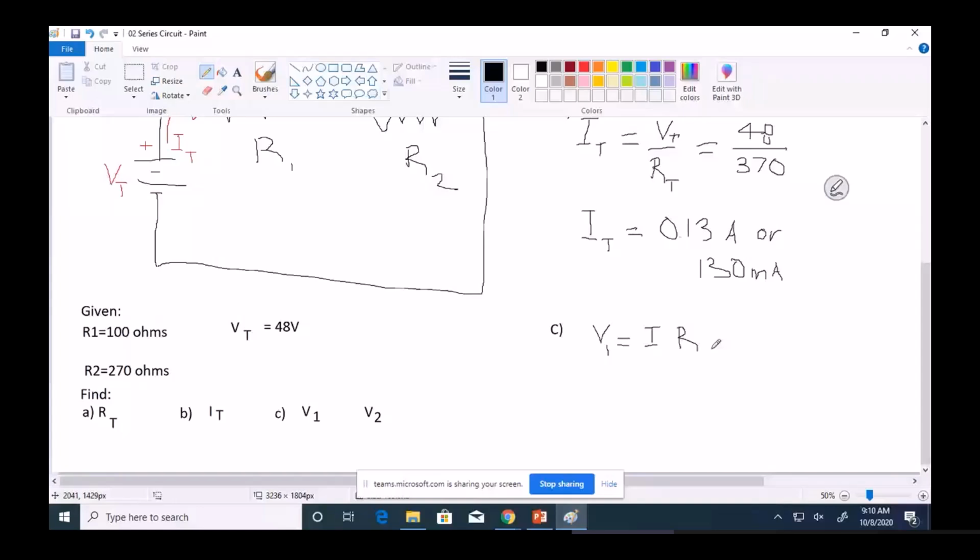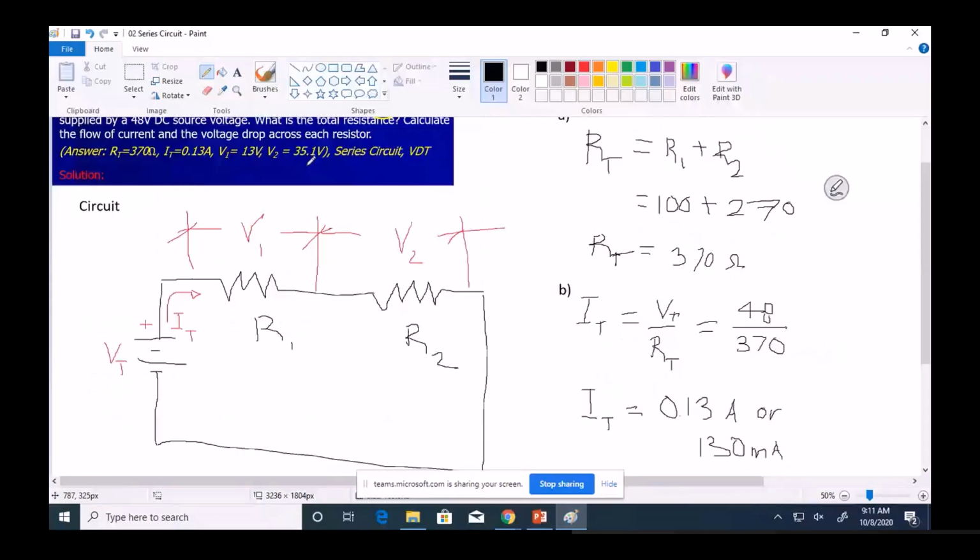How about this? I total. So I total is 0.13 and the R1 will be 100. V1 equals 13 volts. We get the correct answer, 13 volts.